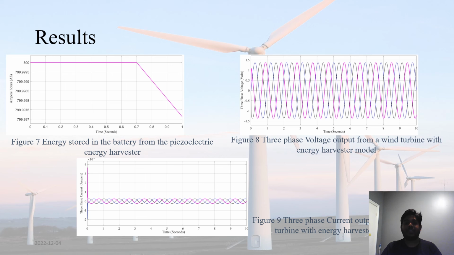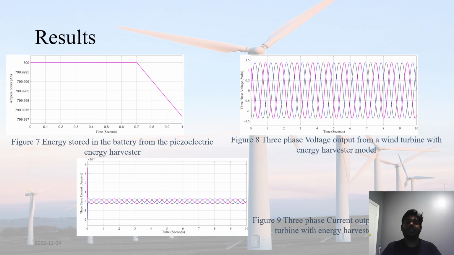Here in figures 7, 8 and 9, we can see the output of the simulation from MATLAB for the energy stored in the battery from the piezoelectric energy harvester. In figure 7, the three-phase voltage output from the wind turbine with energy harvester model and the three-phase current values for the same.